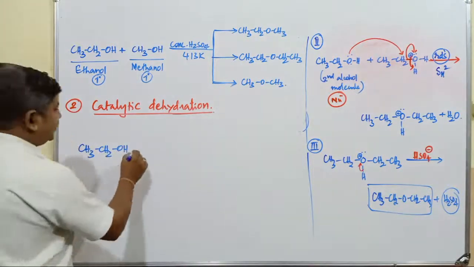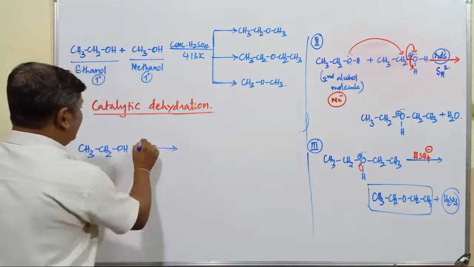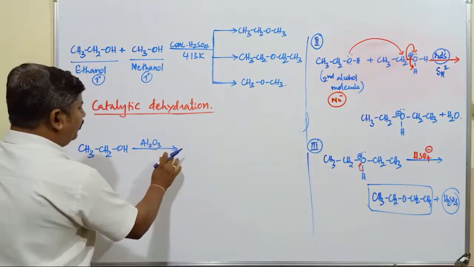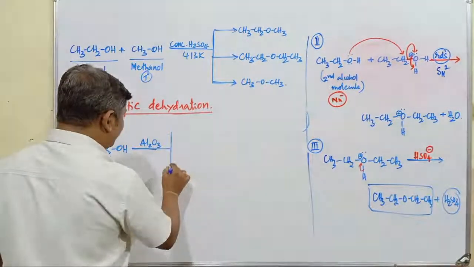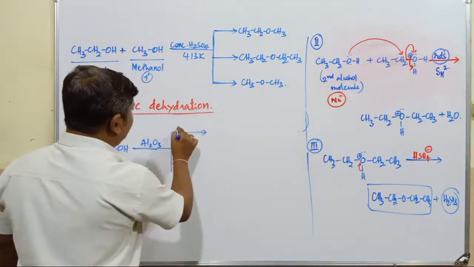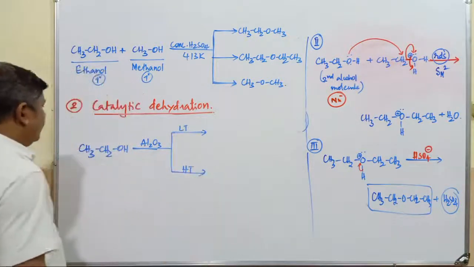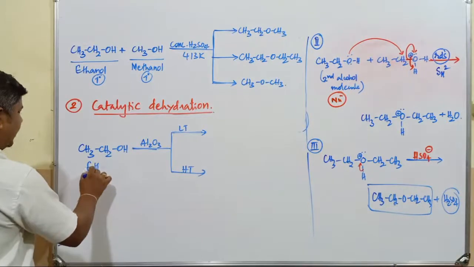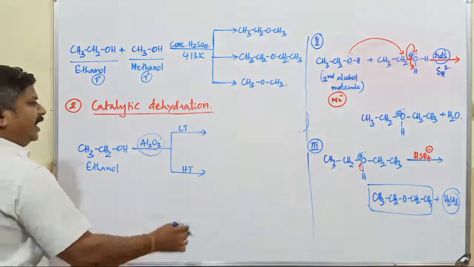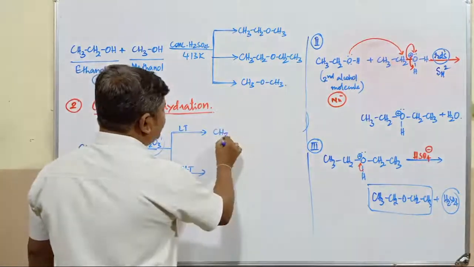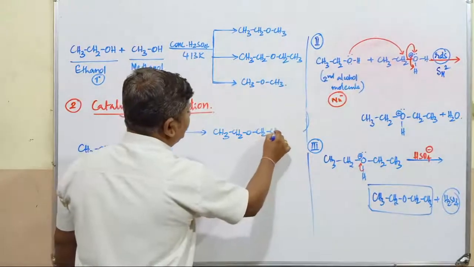This is the compound CH3CH2OH. When this compound is treated with Al2O3, alumina is considered one of the best dehydrating agents. When ethanol is treated with alumina as a dehydrating agent, at low temperature CH3CH2OCH2CH3 is formed.